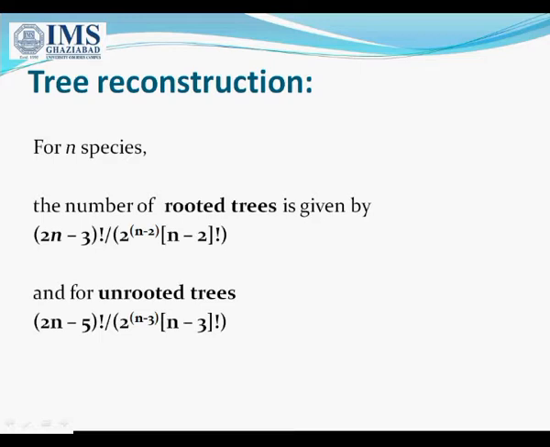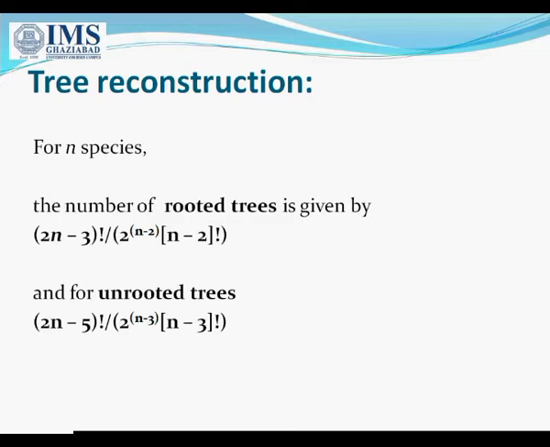So these are the two formulas, and with the help of these formulas we can know how many trees can be made with n number of species.